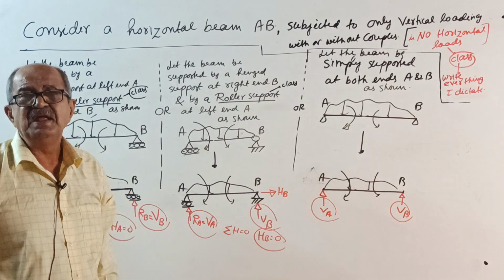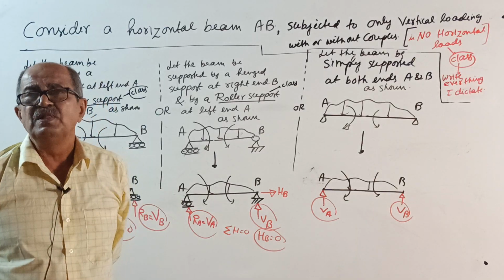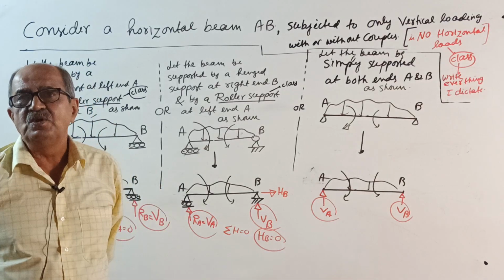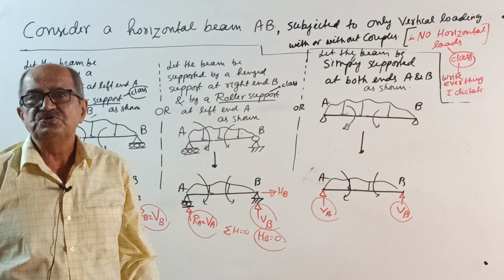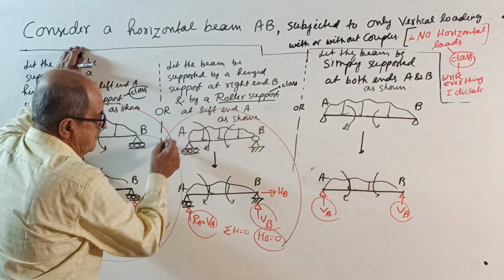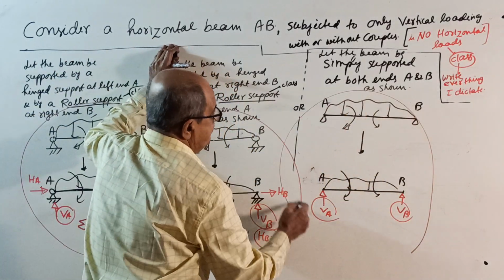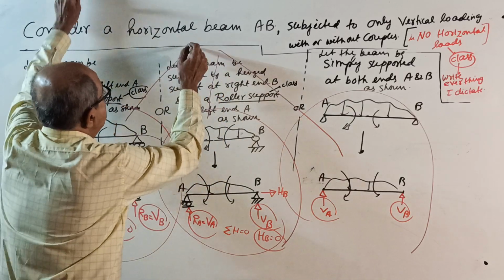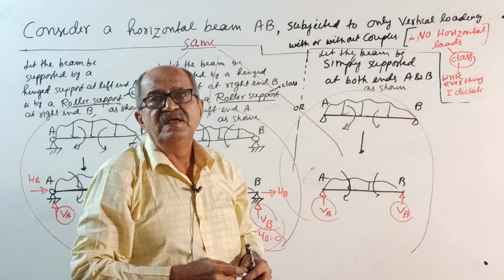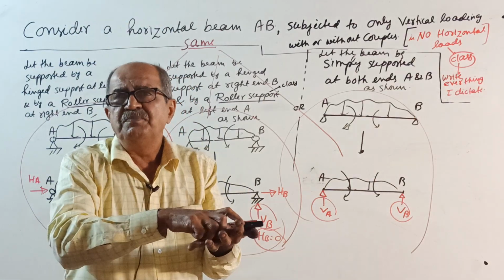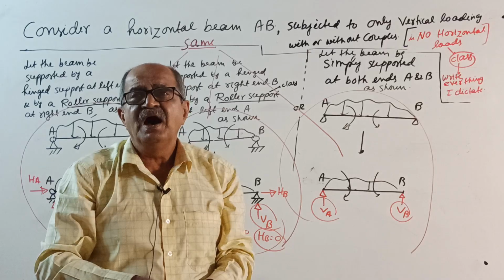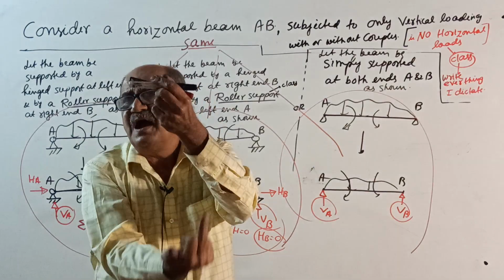Therefore, instead of wasting time every time saying one hinge, one roller, at the hinged support mark a horizontal reaction, then write sigma H equal to 0, and write that horizontal reaction equal to 0, to save time. Therefore, this beam and this beam, all three are same, if the beam is subjected to only vertical loading and couples and we are interested in finding vertical reactions only.